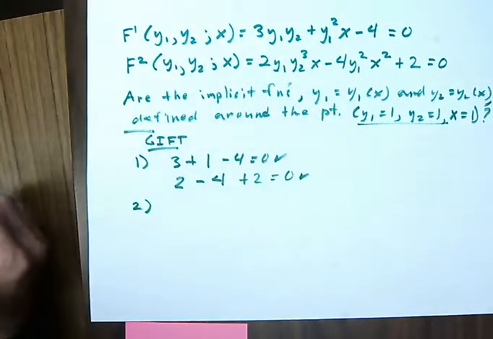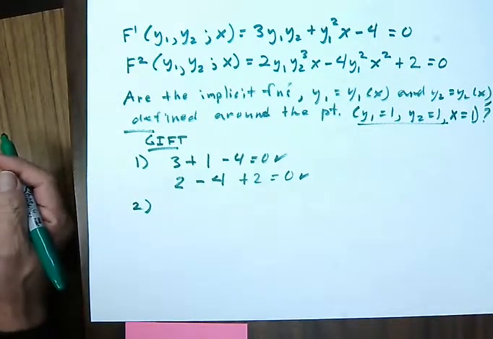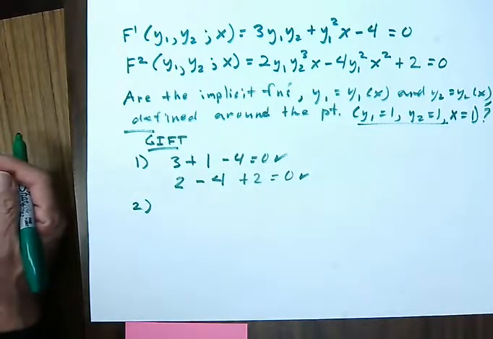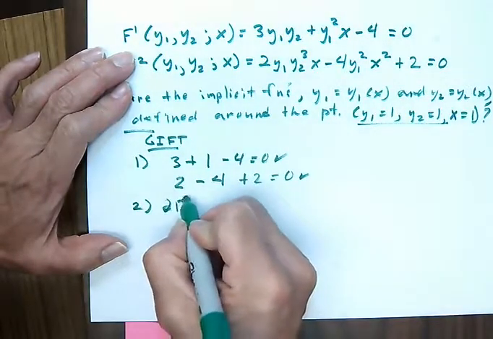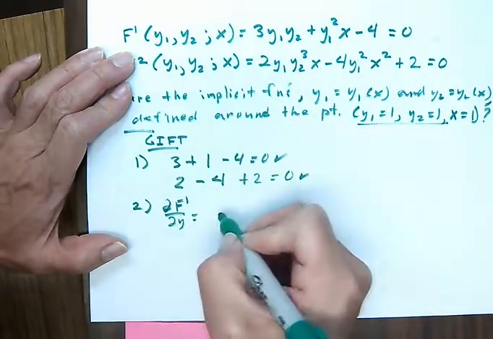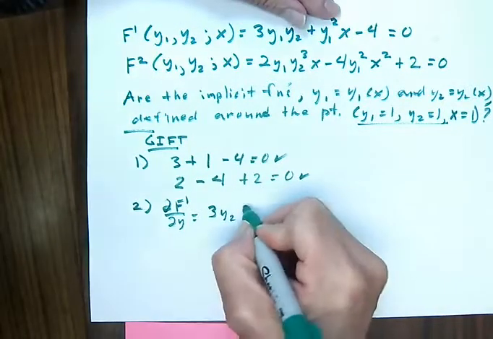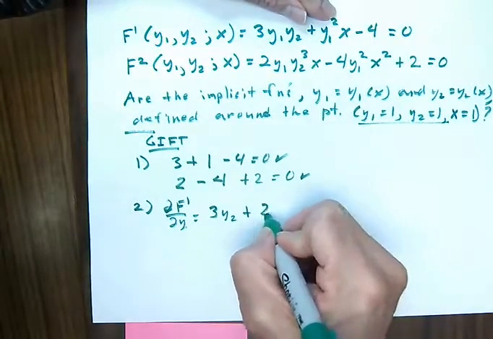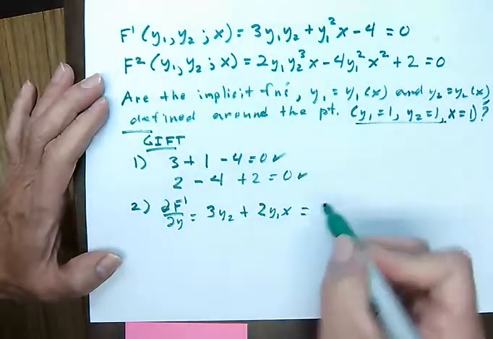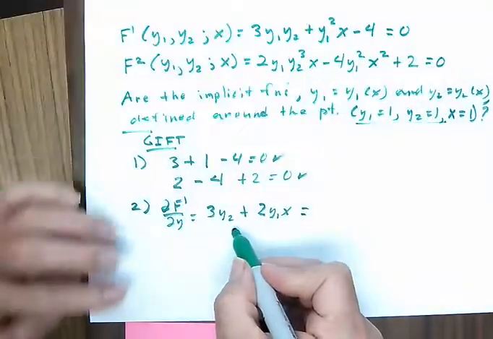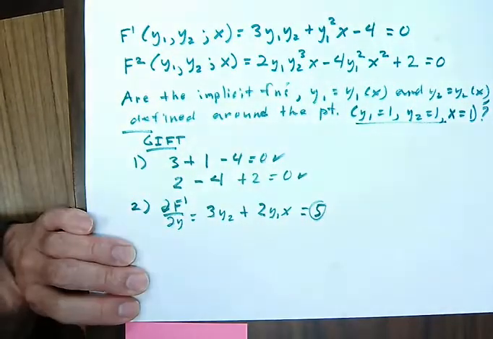What is the second condition? All of the partials of both capital F functions have to be defined with respect to all the y's and all the x's. So we look at the partial of the first capital F function with respect to y1, which is, term by term, 3y2 plus 2y1x. Evaluated at y1 equal 1, y2 equal 1, x equal 1, this is 3 plus 2, which is equal to 5, a defined value.